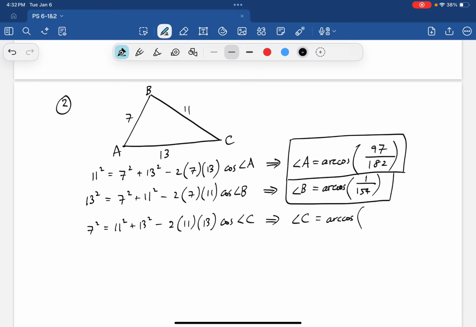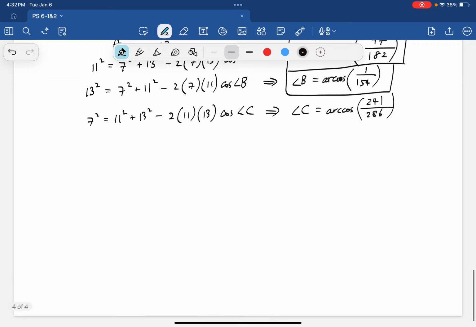So we'll have 241 over 26 times 11, 286. Okay, that's our final answer. So that gives us the other 3 angles that aren't given in the question.